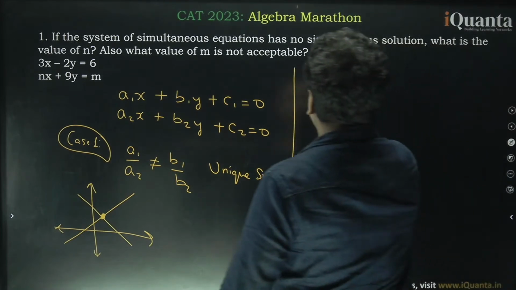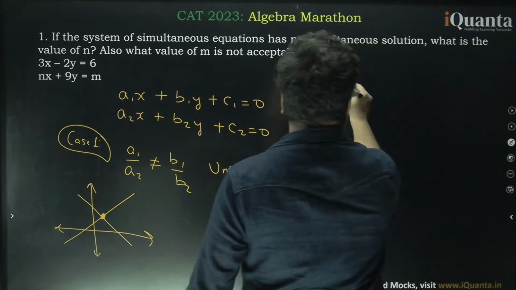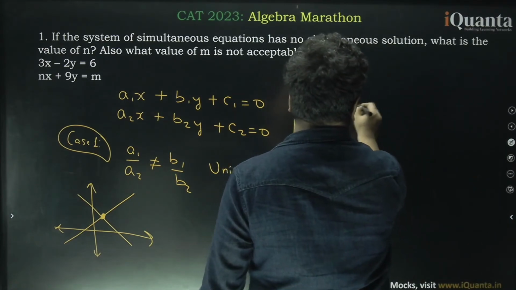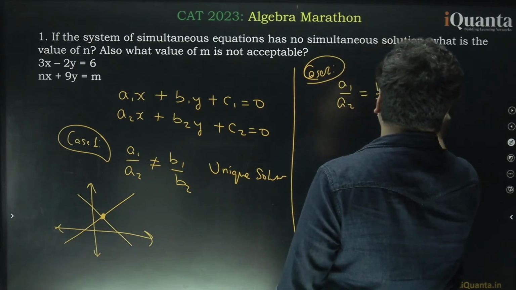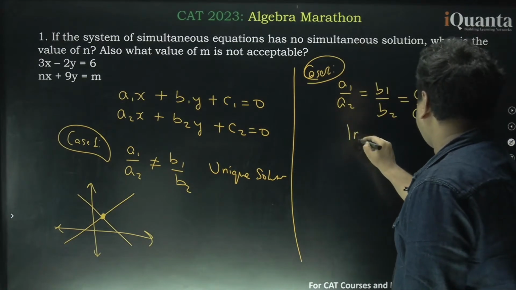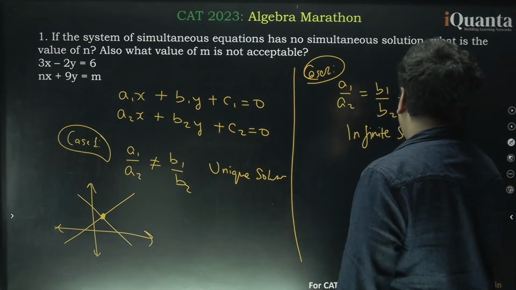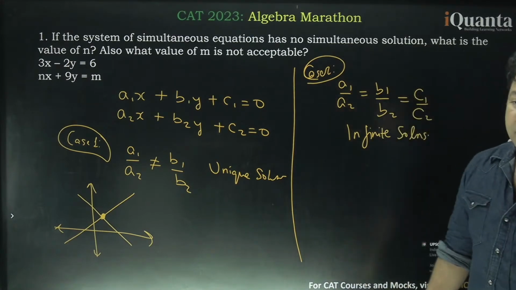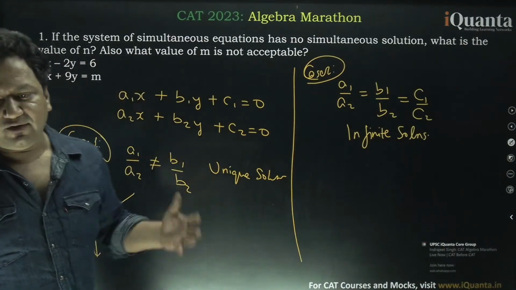Case number 2. Case 2 is when a1 upon a2 is equal to b1 upon b2 is equal to c1 upon c2. In this case, we will get infinite solutions. Now, what is meant by infinite solutions? That means two lines will be intersecting at all the possible points, at infinite points.